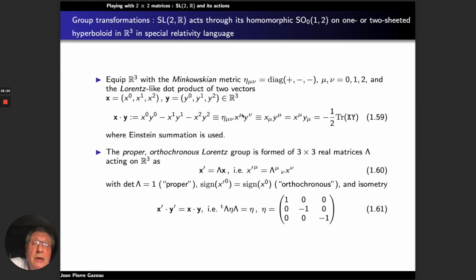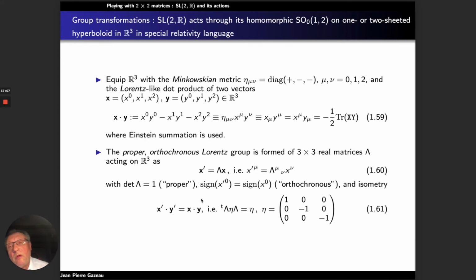That means x with lower index 0 is equal to x0 with upper index, x1 lower is equal to minus x1 upper, and x2 lower is equal to minus x2 upper.